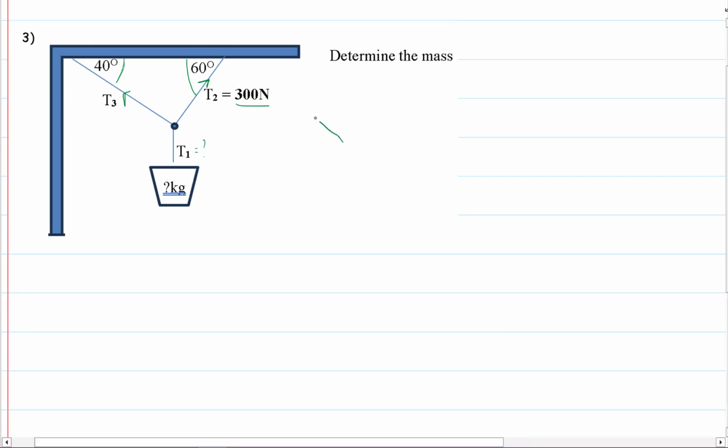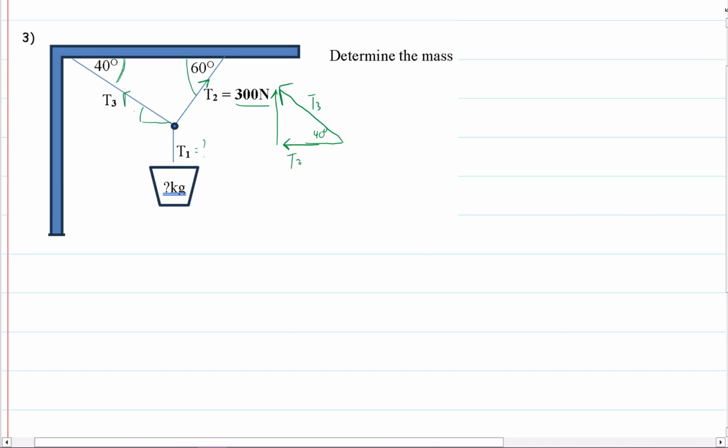Let's draw T3. It meets an angle at 40 degrees, so that means to the horizontal it's measured at 40 degrees. We have a vertical component and a horizontal component of it.